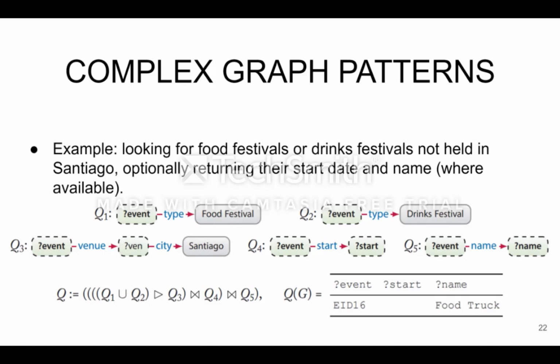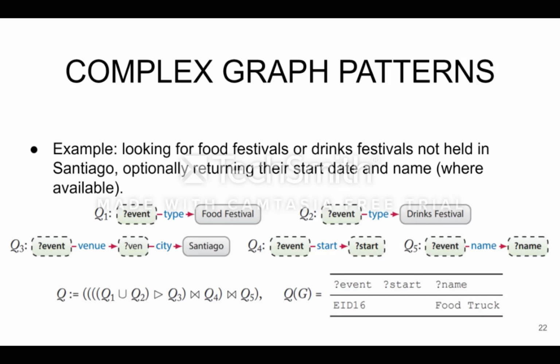And then finally, we will find the start date of an event in Q4, and in Q5 we will find the name of an event. Then we union Q1 and Q2. This means we will find events of type food festival and drink festival.